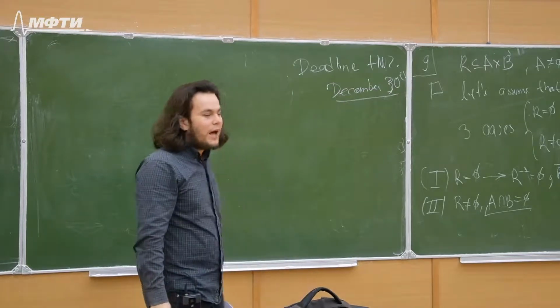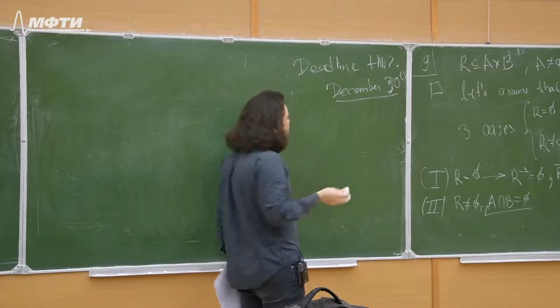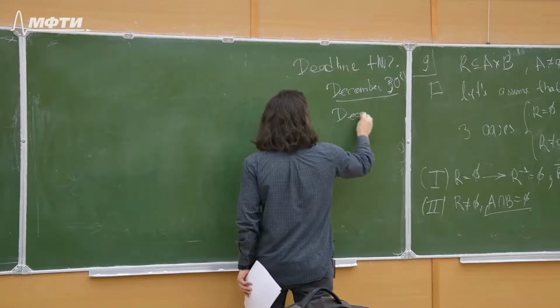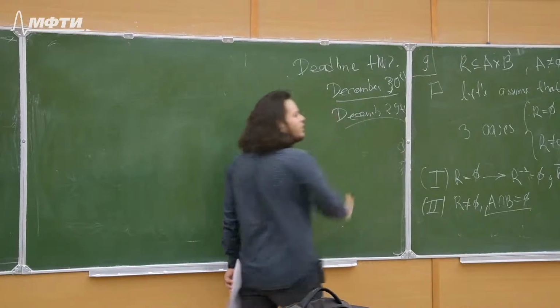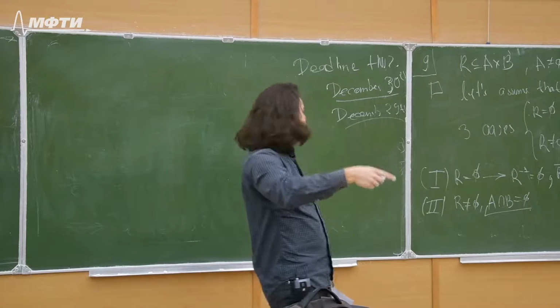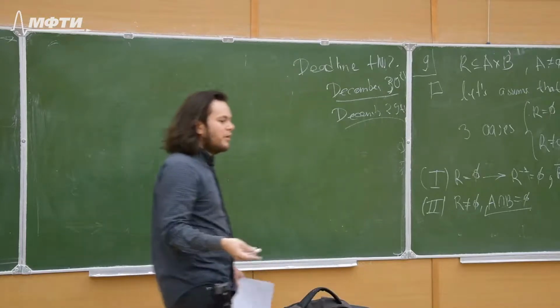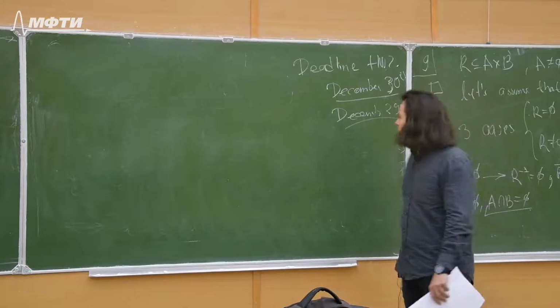And the last seminar is, I think, on December 29. So we still have 2 more seminars. Today plus 2 more seminars, and that will be it for this semester. But we continue next year.